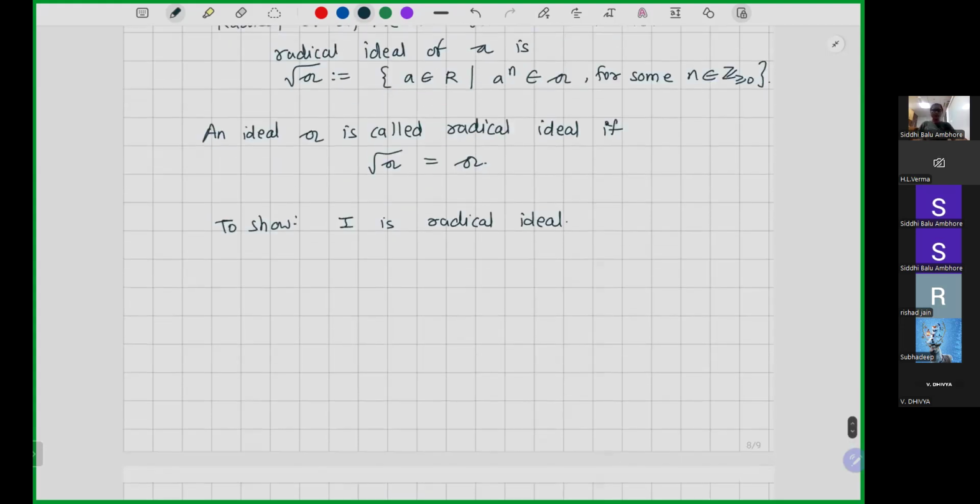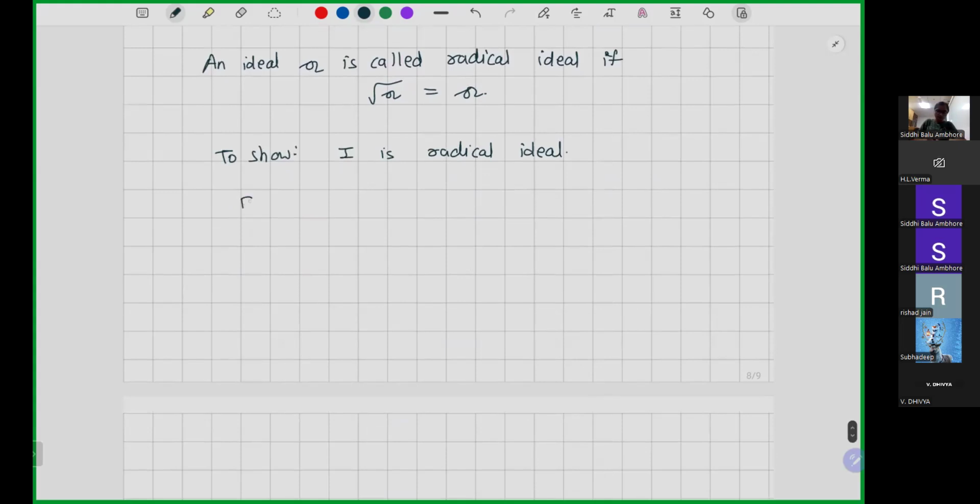First thing to note, for any ideal A, A is always contained in the radical of A, because note that for any a in A, a to the power 1 belongs to A. So this implies that a belongs to the radical of A. Okay, is it clear?